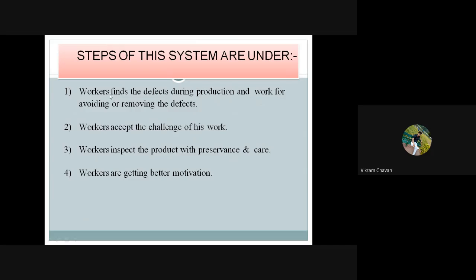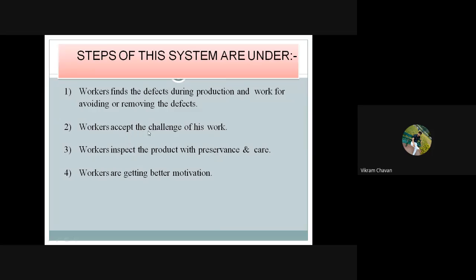So in the first step, workers need to find out the defects, and find a suggestion or solution to avoid or remove the defect. If it is not manageable by workers, a suggestion will be provided to the higher authorities, or if it is manageable, they will apply the solutions to remove that particular defect. That will be the first step.